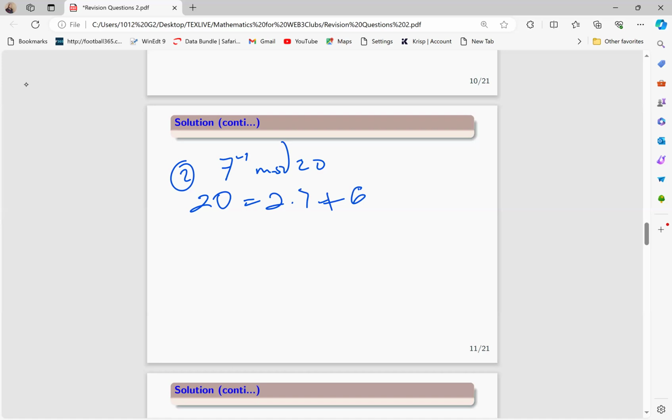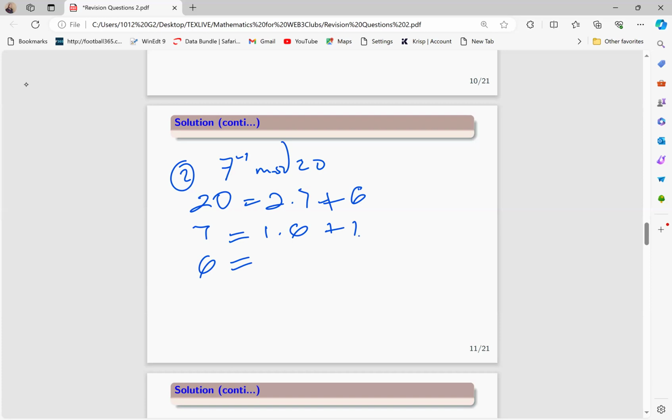Then we get 7. How many times does 6 go into 7? That's 1 time, so it will be plus 1. Then the next number is 6.